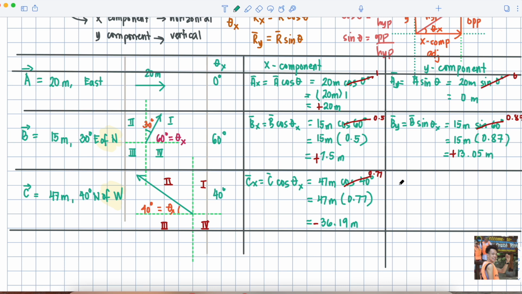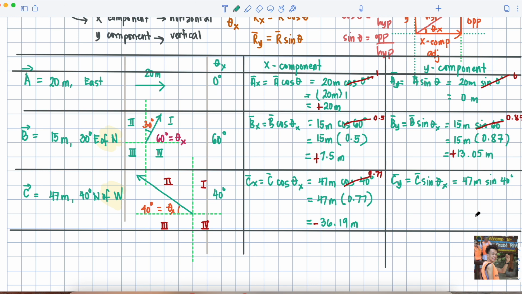Let's continue by computing its y component. cy is equal to c sine theta x. 47 meters sine 40 degrees.